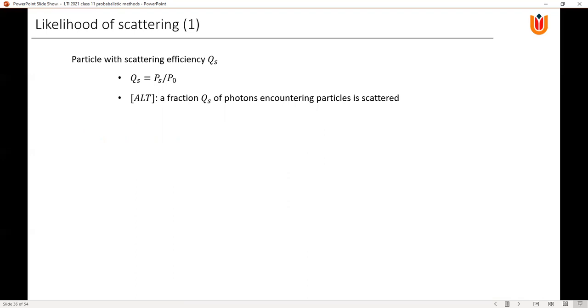Okay, that was absorption. So now let's take a look at the other process, that's scattering. So let's say we have particles with a scattering efficiency Q_s. That means that the ratio of the scattered power over the incident power is Q. Another way of looking at it is that the fraction given by Q_s of photons that encounter a particle is scattered.